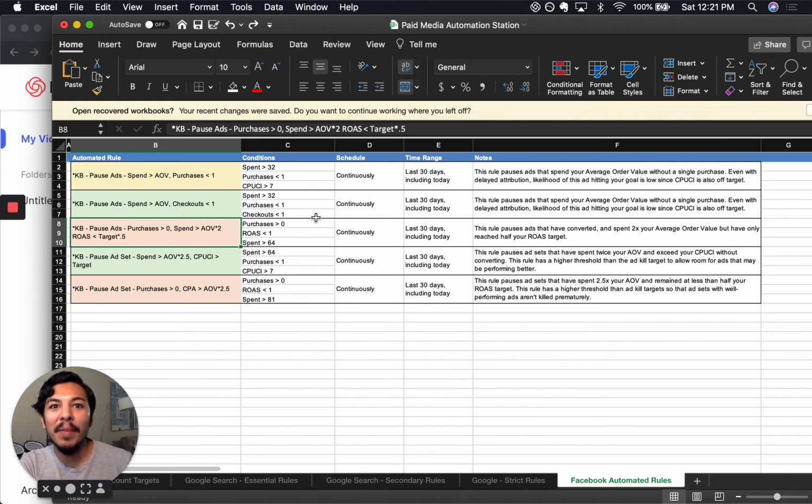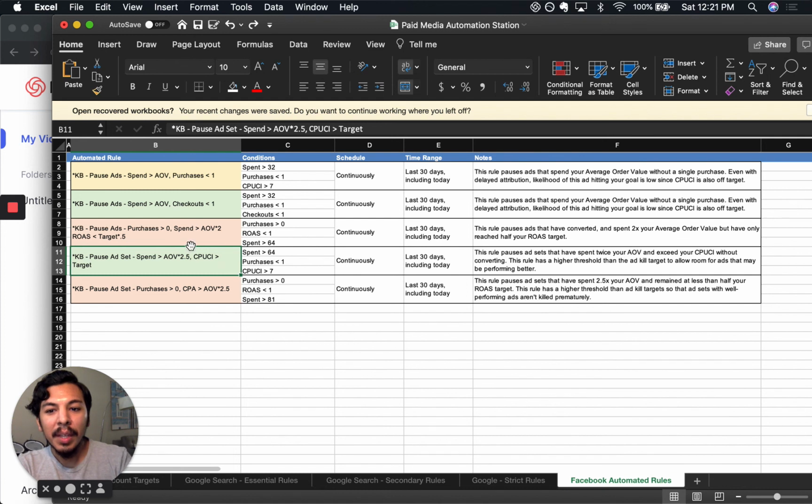I don't even like that I'm advocating worry, but the idea is that performance, your revenue and your ability to generate a profitable return on that revenue, is ultimately going to do much more for your business than whether something happens to be in learning or not. So that's typically the approach that I take. If your ads are getting purchases, so yeah, we covered this one, less than half your ROAS, more than 2x your average order value, it'll get paused.